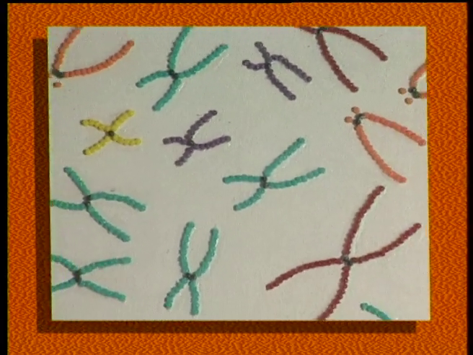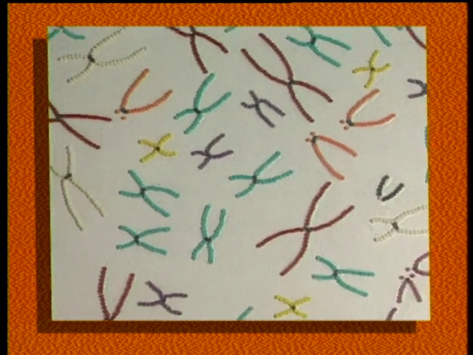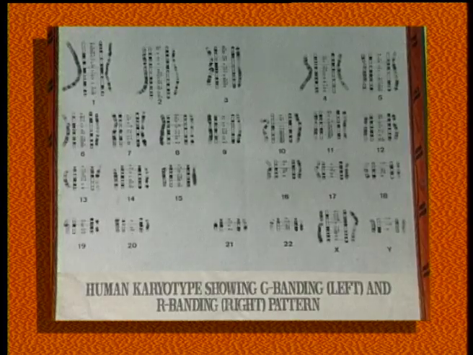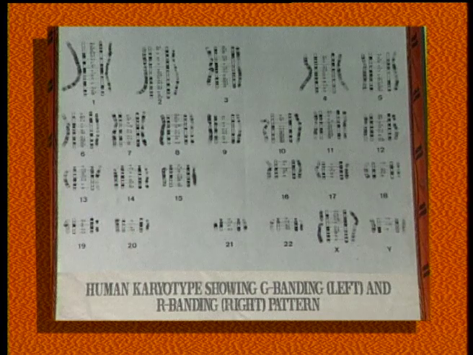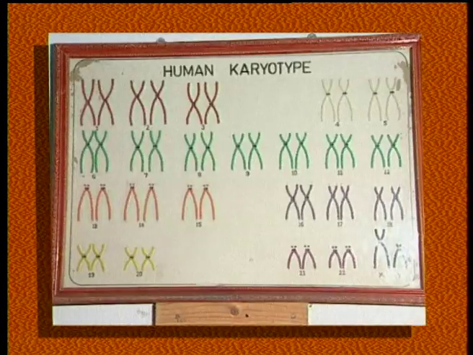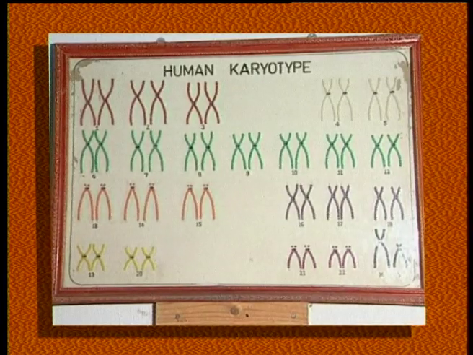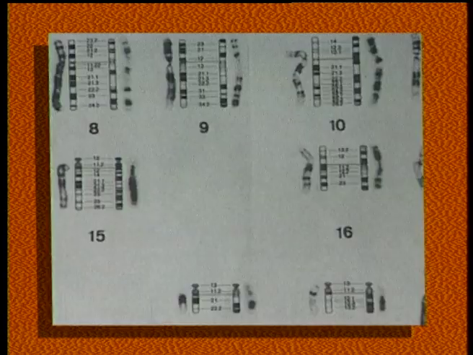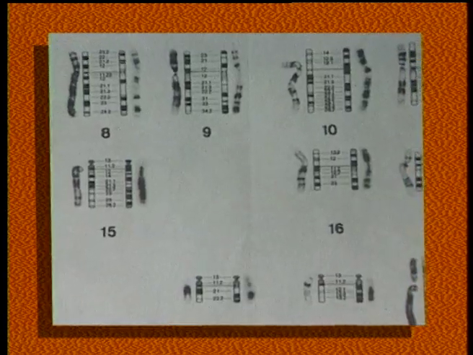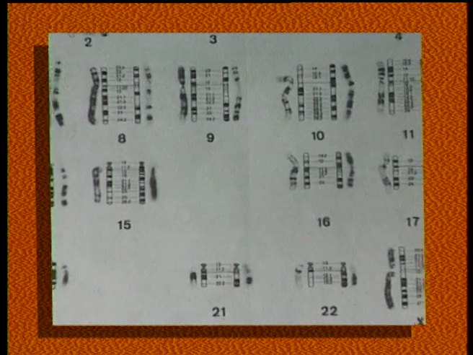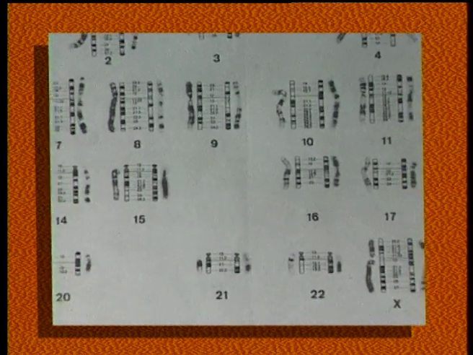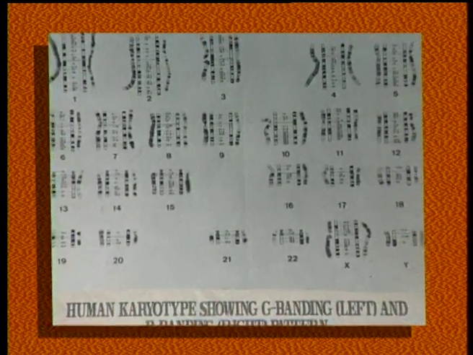The number of chromosomes varies from one organism to another. In human beings, the number of chromosomes is 46, and they occur in pairs, one derived from each parent. Out of these 46 chromosomes, 44, or 22 pairs, are called autosomes, and the remaining one pair are called sex chromosomes.